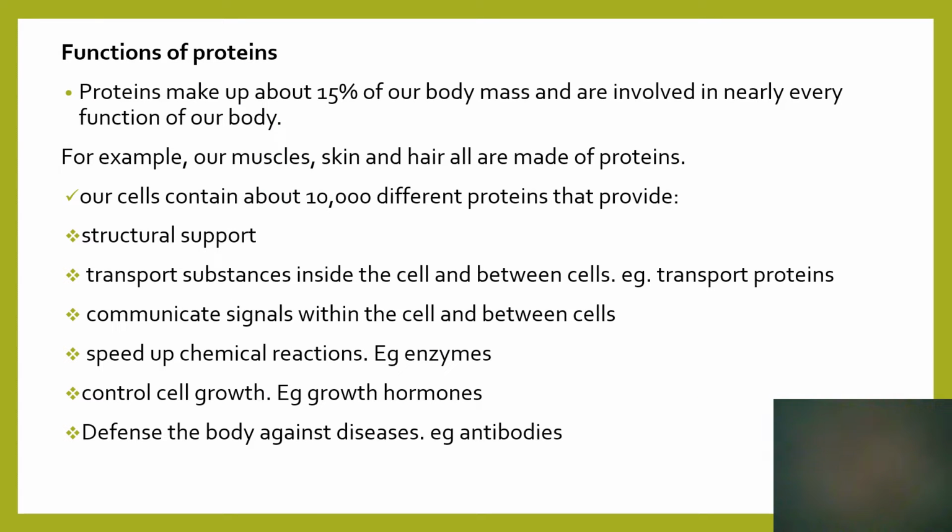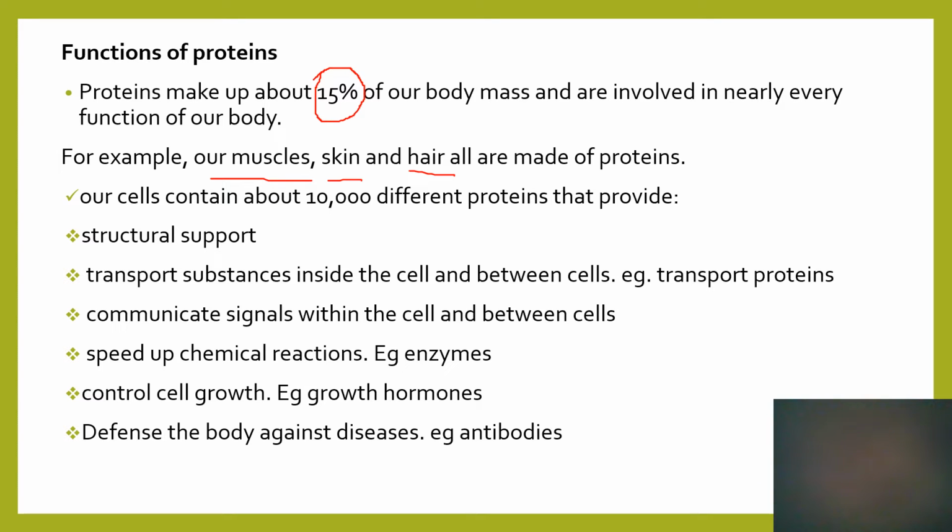Okay, here are the functions of protein. Protein has a number of functions for our body. For example, around 15% of our body mass is made up of protein. Our skin, our muscles, our hair are all made up of proteins.